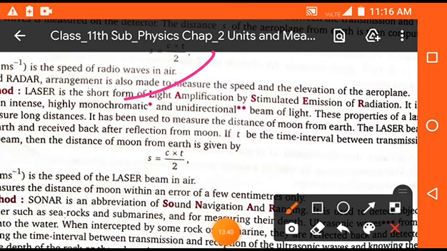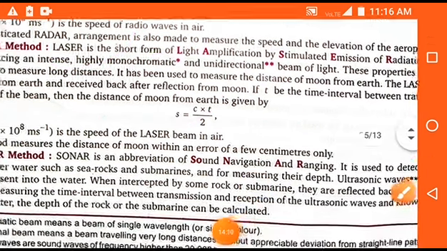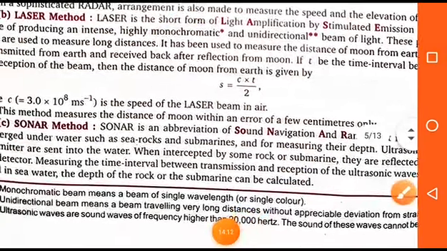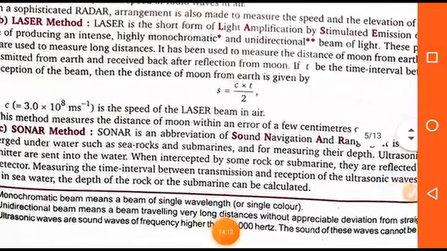Here we use a highly monochromatic and unidirectional beam of light. With the help of this light, we can find the distance of any object. This is also an important method, and here the formula is s equals ct upon 2. Clear? Okay. In the laser method, we use the laser beam of light in air.